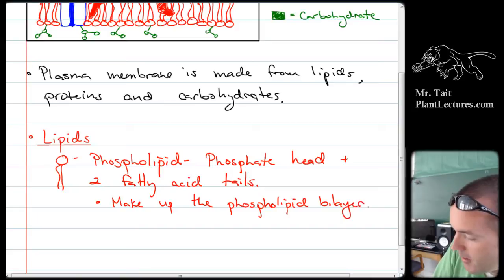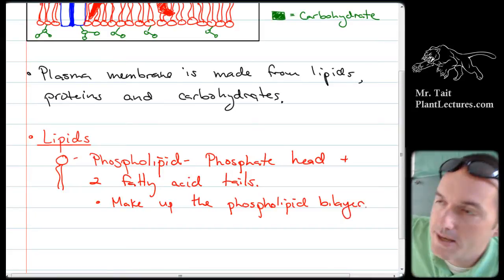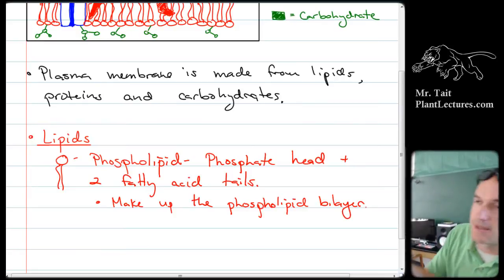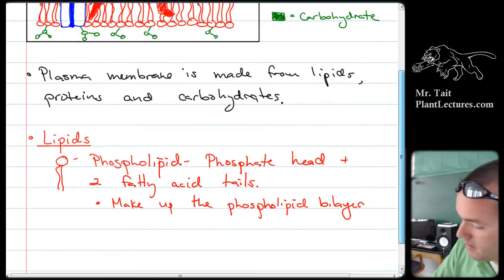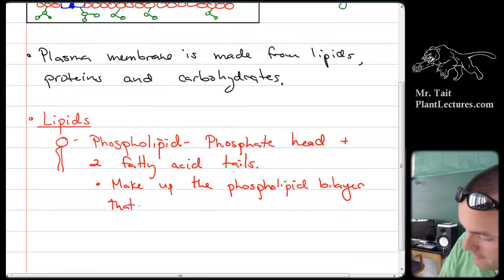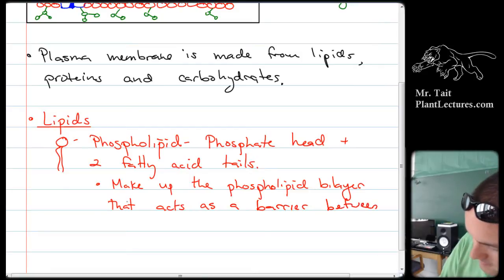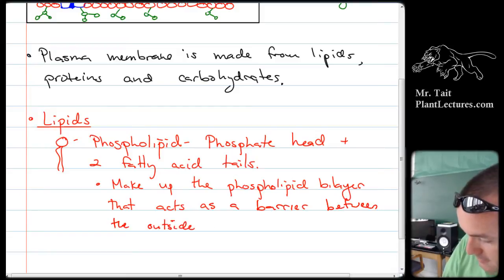And the phospholipid bilayer is extremely important because that's the thing that acts as a barrier between the outside of the cell and the inside of the cell.